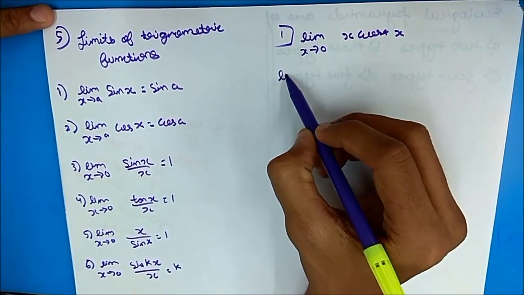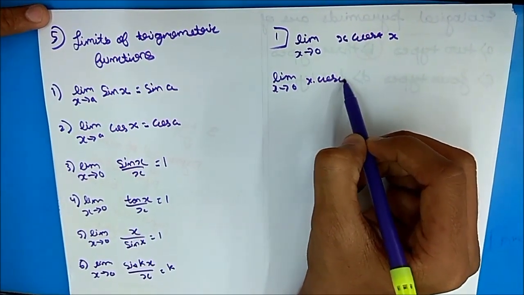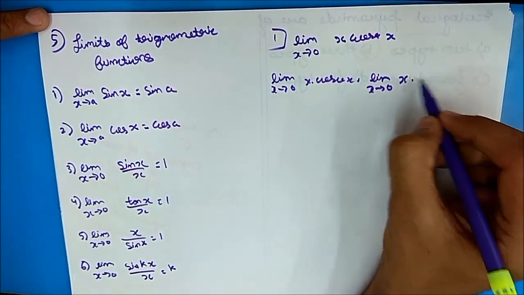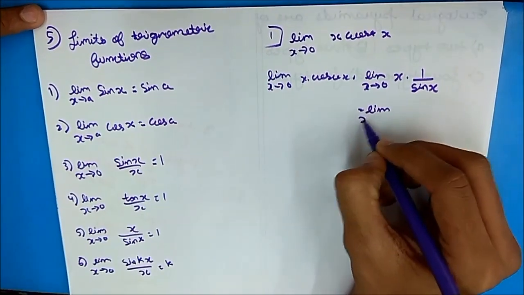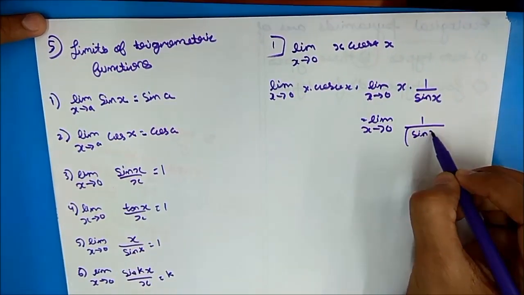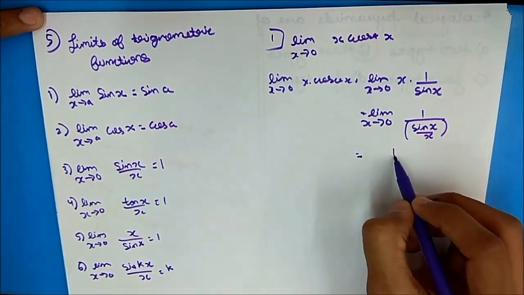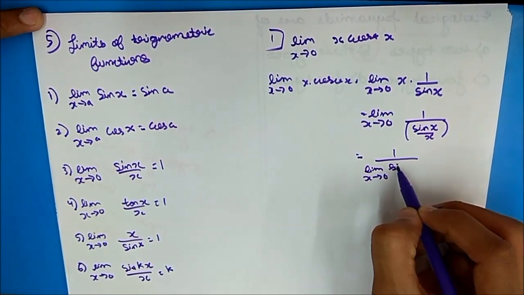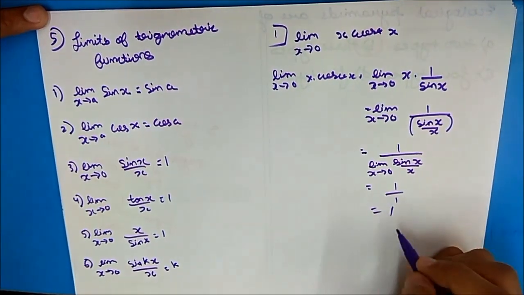So now limit x tends to 0, x cosec x is equal to limit x tends to 0, x into 1 upon sin x is equal to limit x tends to 0, 1 upon sin x upon x, is 1 upon limit x tends to 0, sin x upon x, is equal to 1 upon 1 is 1. That is the first sum.